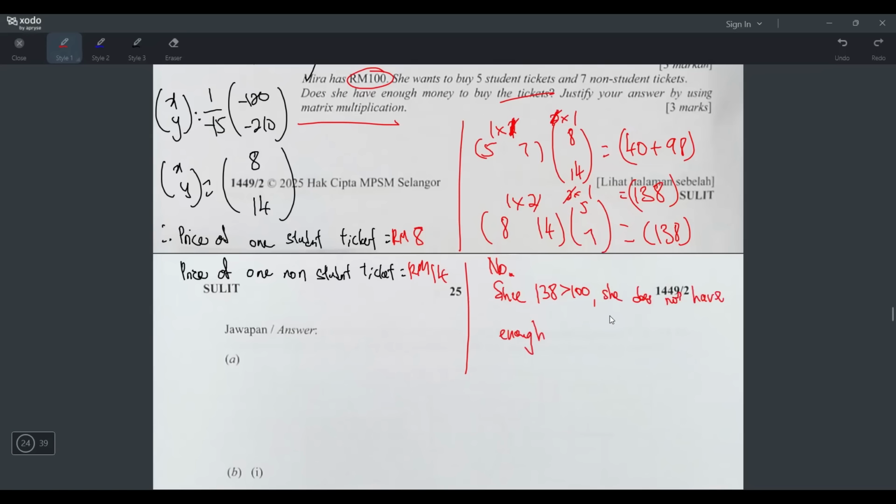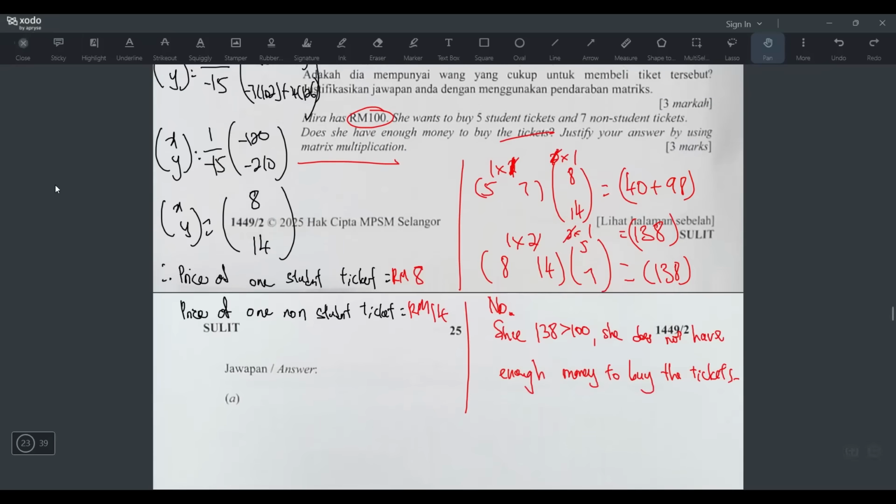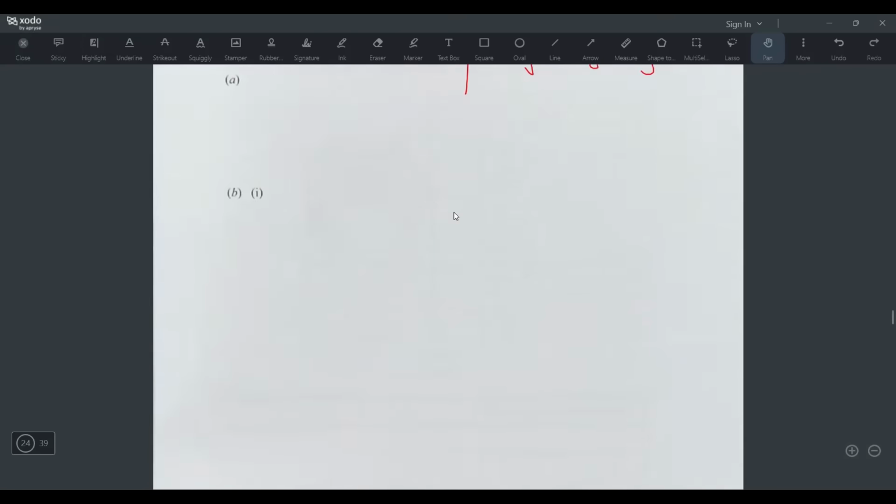So she does not have enough money to buy the tickets. Just write like that, this is good enough. She has 100, but it's not enough to buy 5 student and 7 non-student tickets, because they cost you 138, so it's not enough. Okay, that's all. Hope you understand.